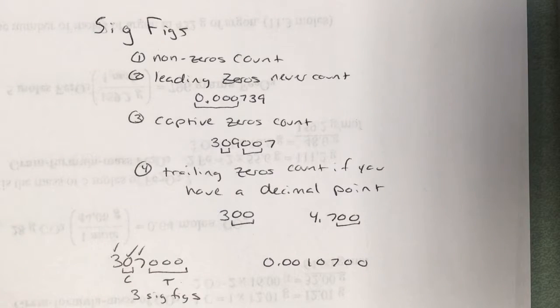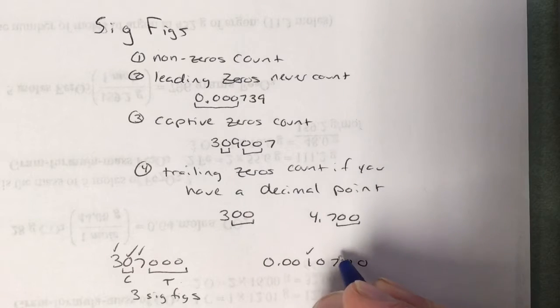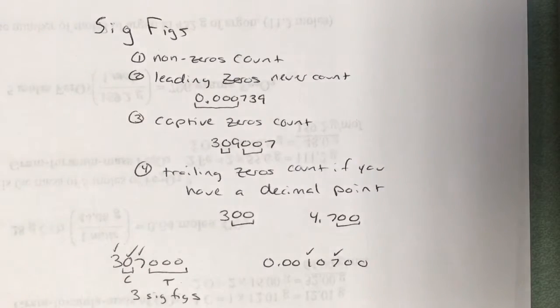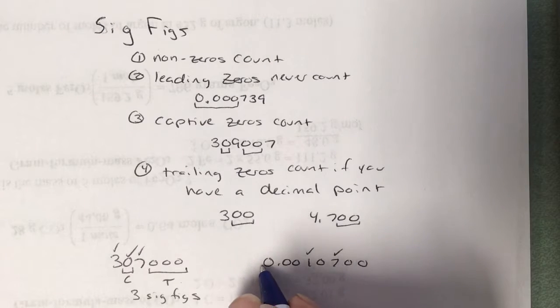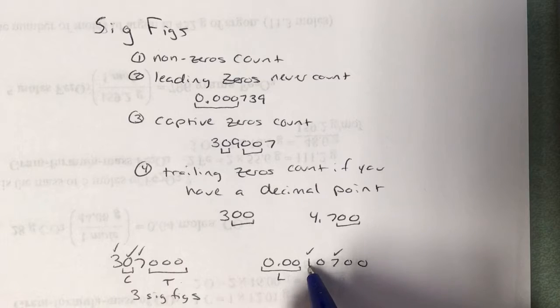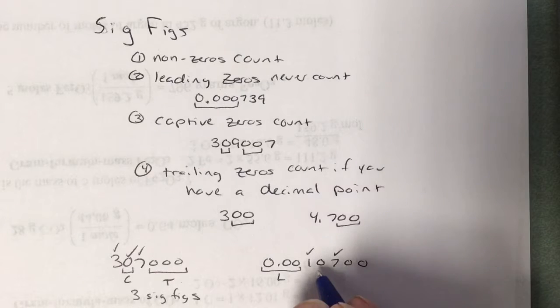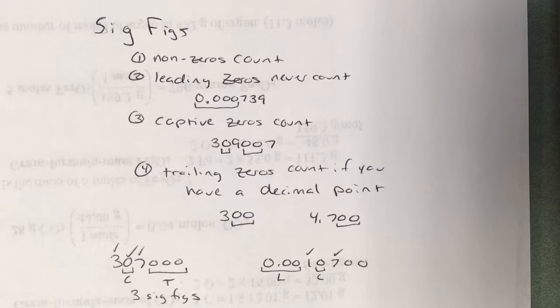So this number, again, we know the 1 and the 7 are going to be significant figures because by rule, non-zeros count. Now the question is the zeros. I have those zeros. Those are leading. They all come in front of the 1, the first non-zero. Leading zeros never count, so we won't count those. This 0 is stuck between the 1 and the 7, so it's captive.